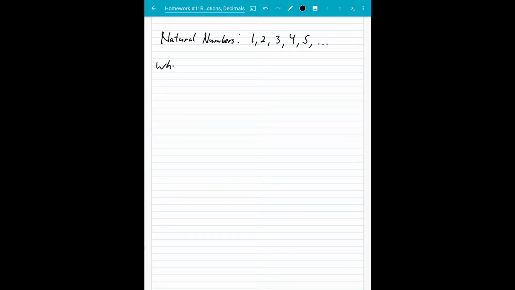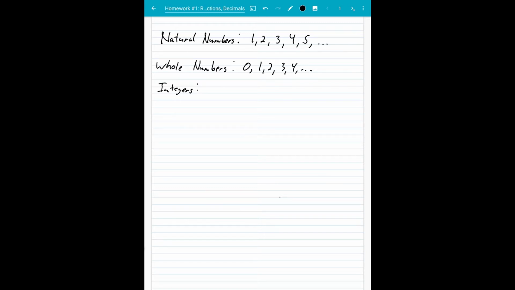Whole numbers would be the next one. Whole numbers are exactly like natural numbers, but they have one extra number in there, which would be the number 0. And after that, it still counts up. Then after that would be the integers. Integers are just like whole numbers, but they include the other side of the spectrum, which would be the negative numbers.